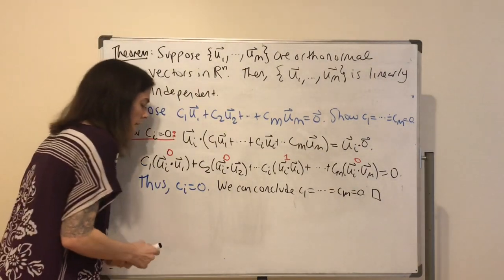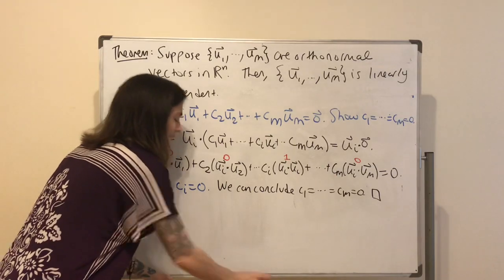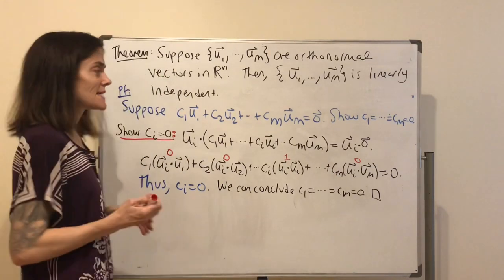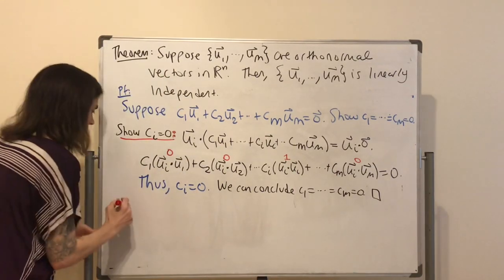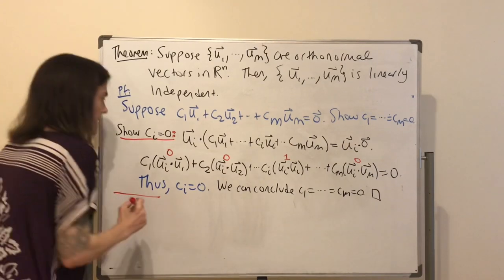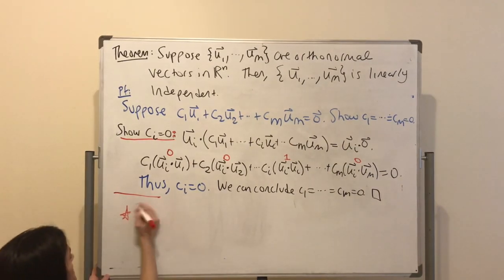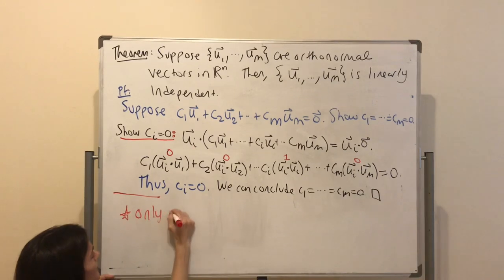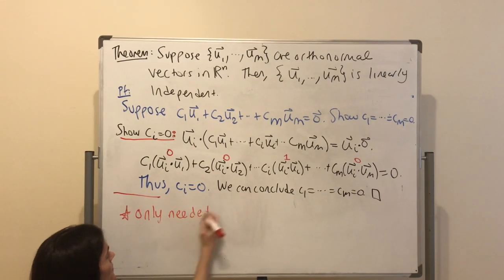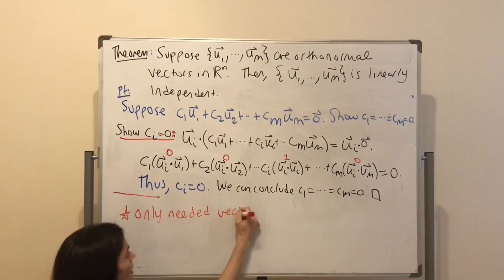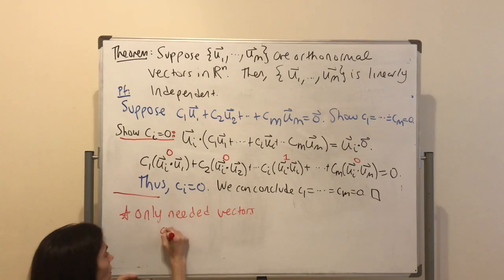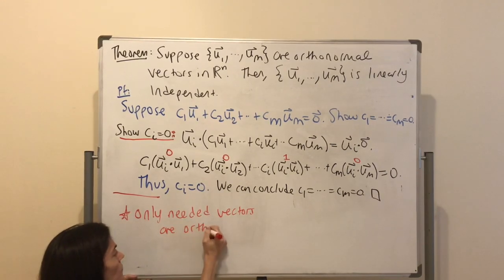Now I'll make one comment and then I will define orthonormal basis. So I'm done with that proof. My other comment is that I only really needed here that the vectors were orthogonal and non-zero.